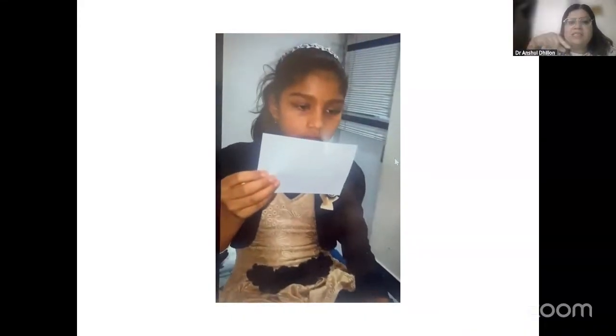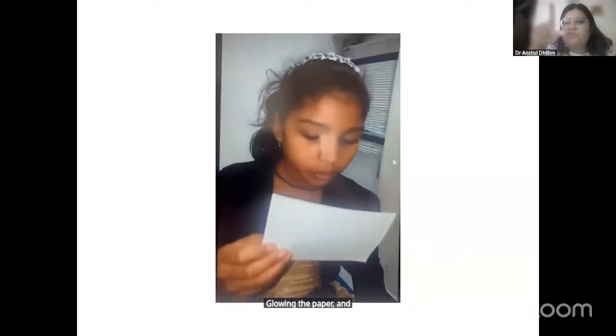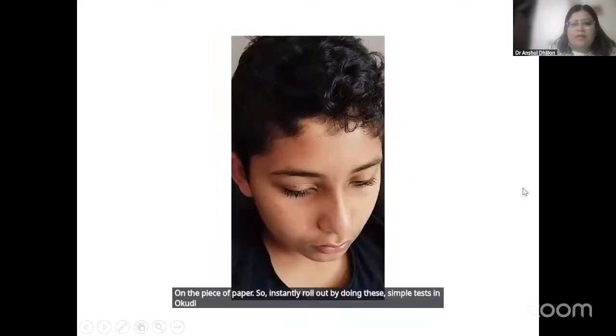See, now the child has just stopped blowing the paper and was just moving her hands, and again she started. So this was the absence seizure precipitated after she started blowing on the piece of paper. So you can simply rule it out by doing these simple tests in OPD.